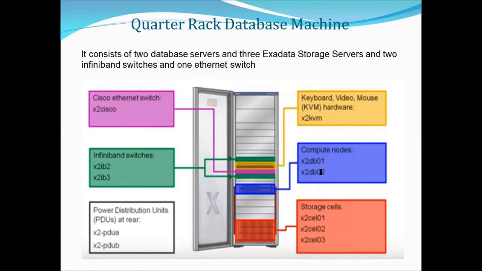So 2 compute nodes, meaning database nodes, 3 storage nodes, 2 InfiniBand switches, 1 Cisco Ethernet switch, and 2 power distribution units. This is what you get in the quarter rack.